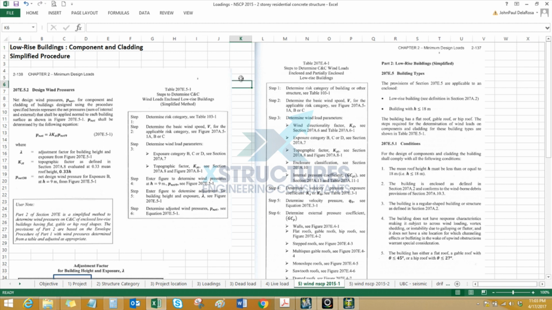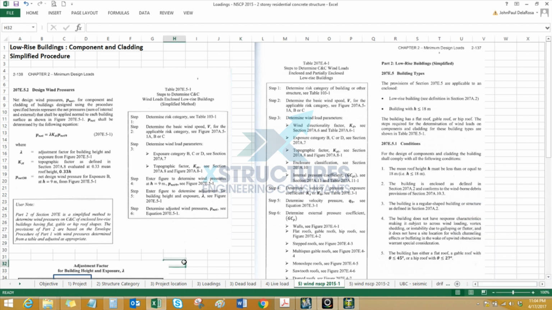Paano siya ma-qualify as simplified? Kailangan daw yung building height is less than 18 meters. Yung building height natin is 7 meters lang, so qualify yung building natin. Kung imagine mo yung 18 meter, it's around 6-story building. 2-story building lang yung i-design natin. So, sa simplified procedure tayo.